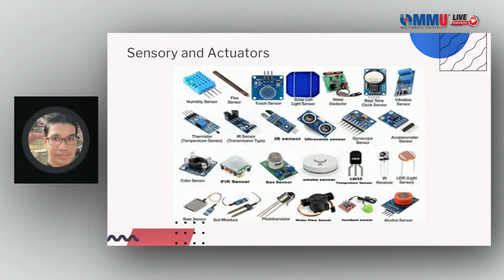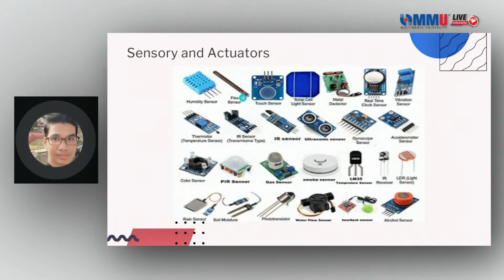We call it a DHT11 sensor. The DHT11 sensor is a temperature and humidity sensor. It senses the temperature and humidity around it. Right? So it is a useful sensor that we can use to do an IoT project that relates to ambience monitoring.